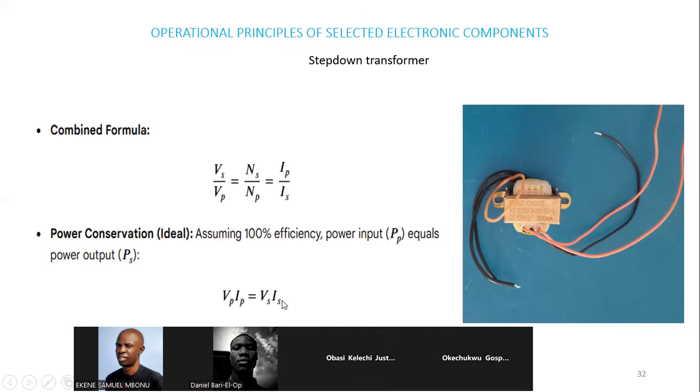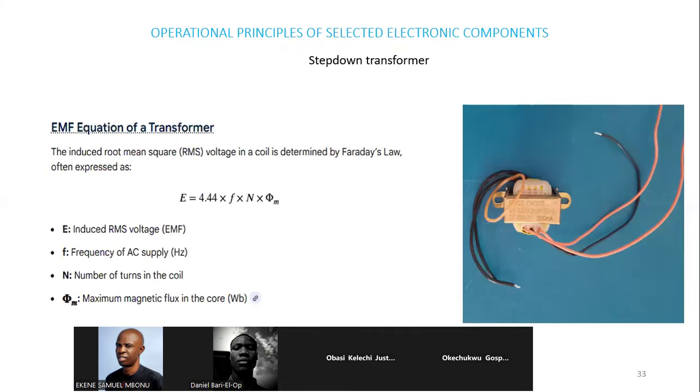But we know that in reality, it cannot be 100% because there are always losses. In fact, when you energize your transformer, over time you begin to notice that the transformer is heating up. So there is energy loss. It can't be 100%, but ideally, a perfect transformer gives us efficiency of 100%.